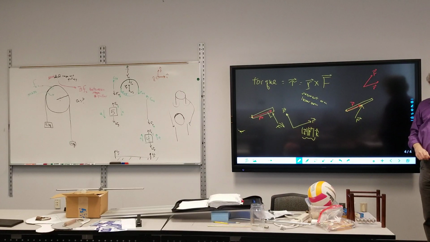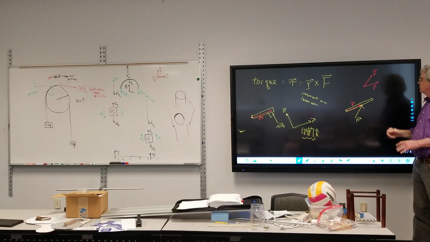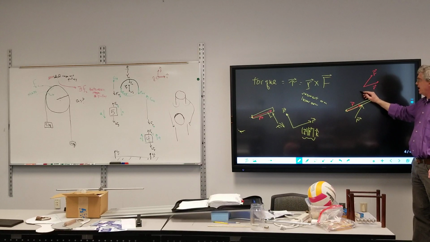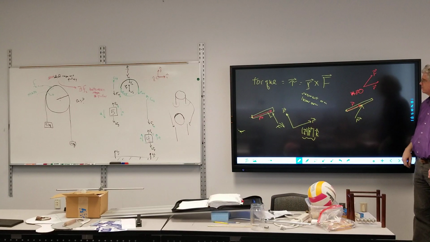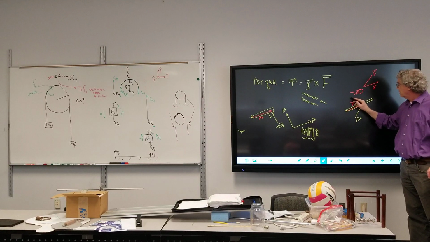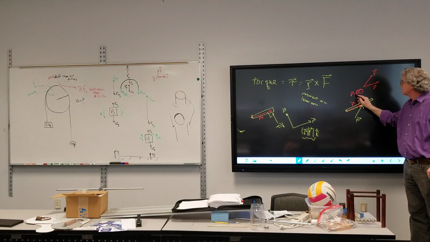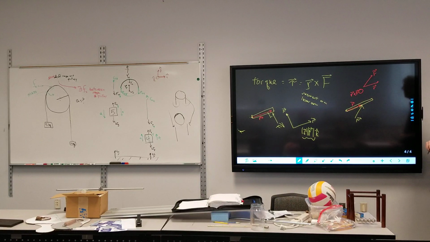R cross F, put my hand in the direction of the first vector, so my fingers curl towards the second one. So R cross F would be out of the board. Supposed to be a dot there.